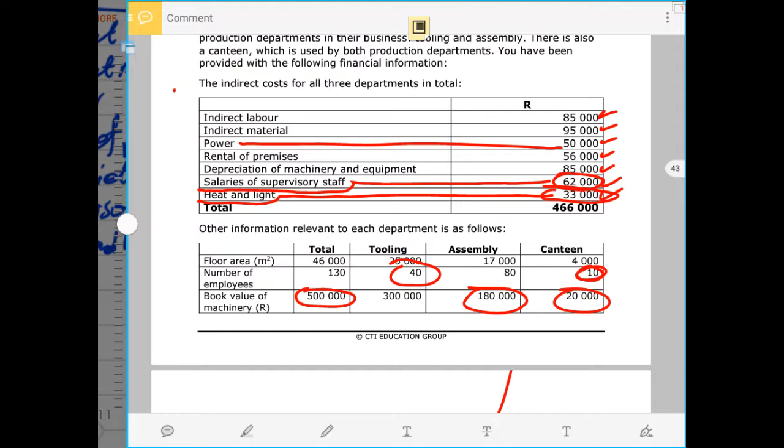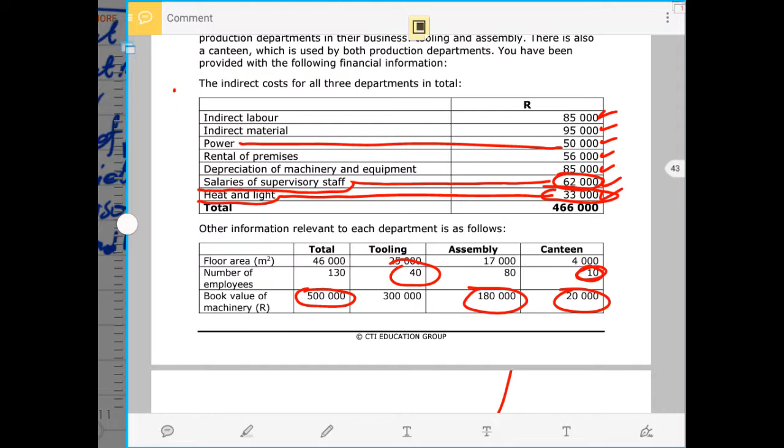to allocate this overhead. However, kilowatts will still not be incorrect if you use kilowatts to allocate this overhead. But the first priority, the most relevant base, is the floor space.